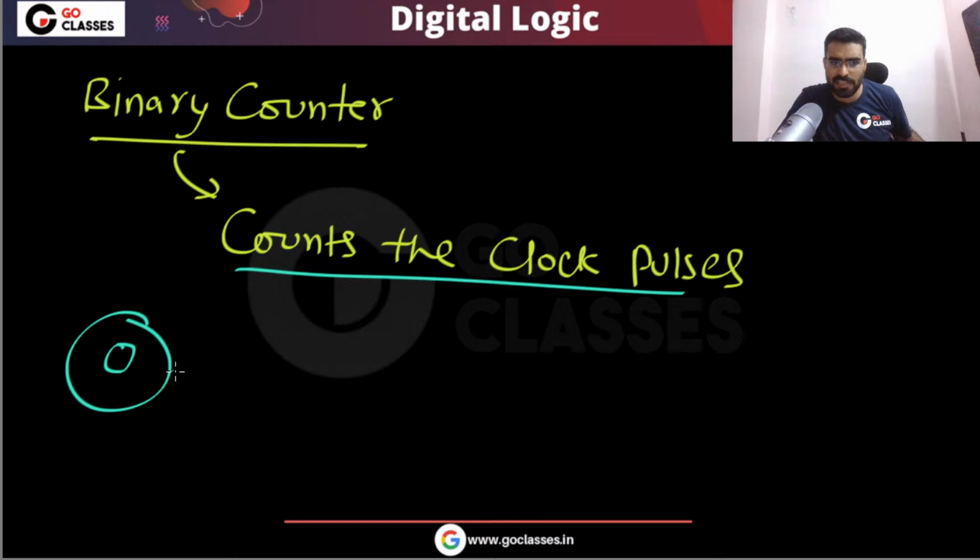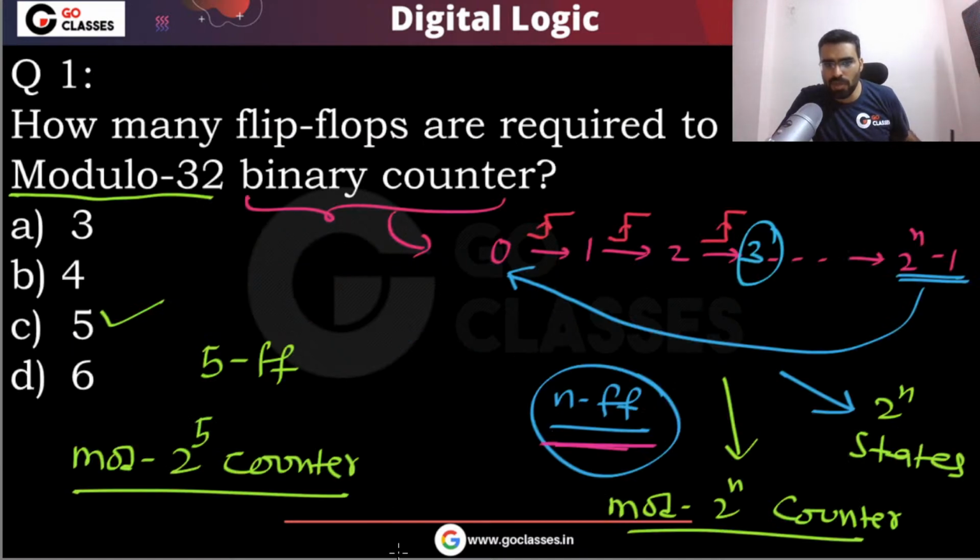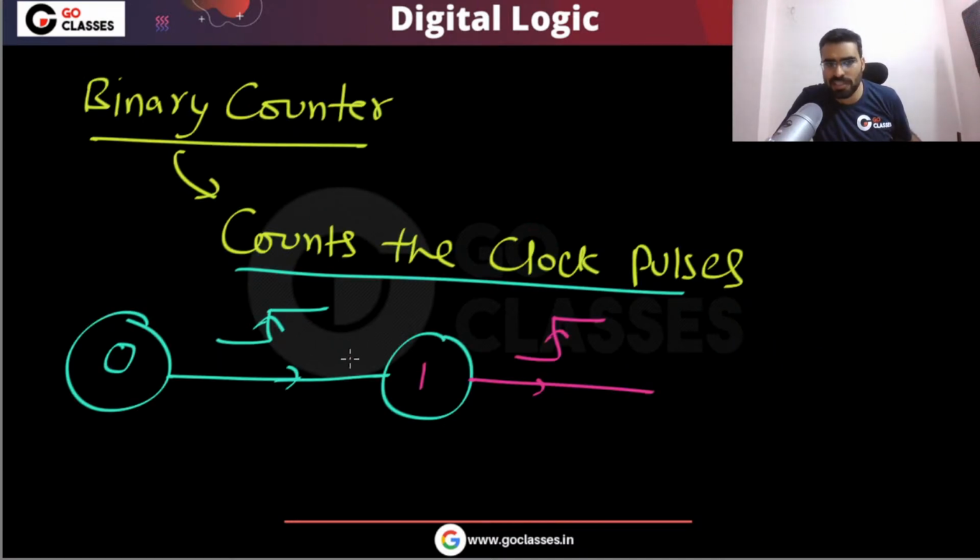This is the initial state. From this state, if a clock pulse comes, it will go to state 1. If another rising edge comes, I'm assuming that your flip-flops are positive edge triggered. So if you assume the flip-flops are positive edge triggered, then what will happen?